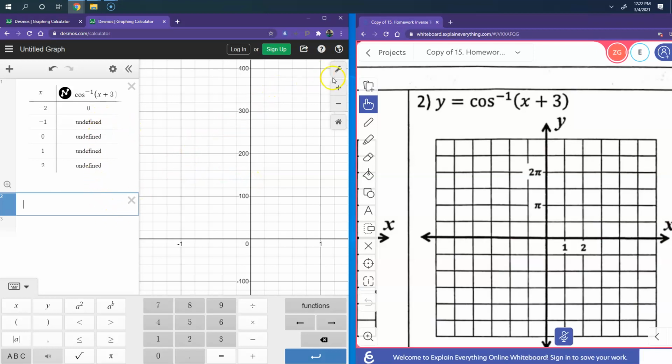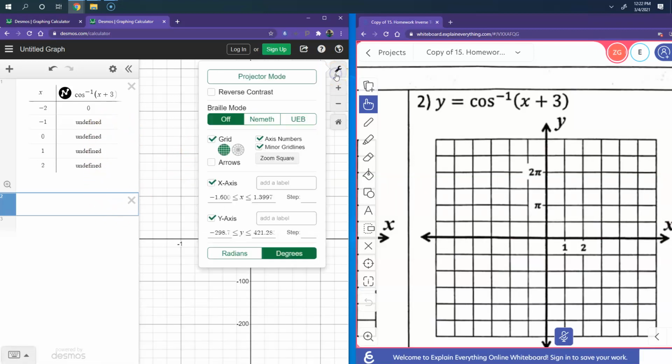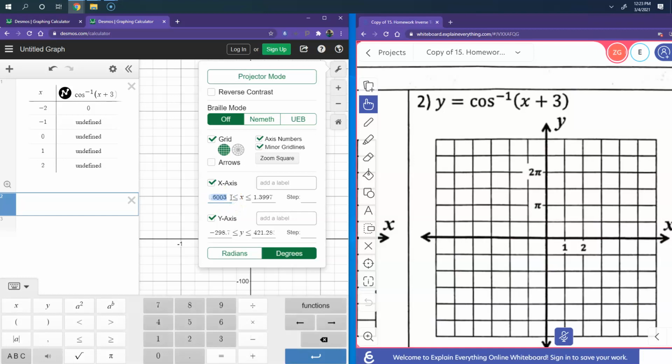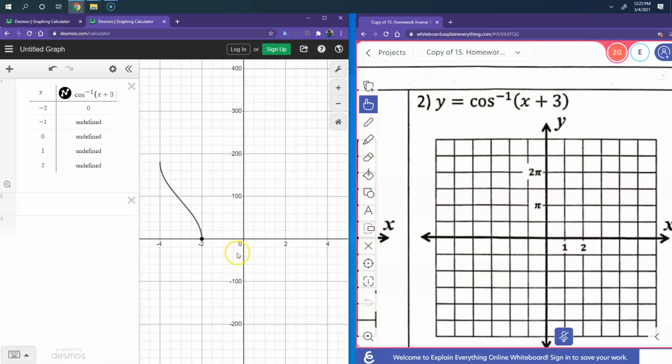So I'm going to have to change my x value, the interval. So I'll say -5, and I'll put 5 over here on this side, just so I can see a picture of it. And you notice there is the picture. It's shifted +3, it's shifted to the left.